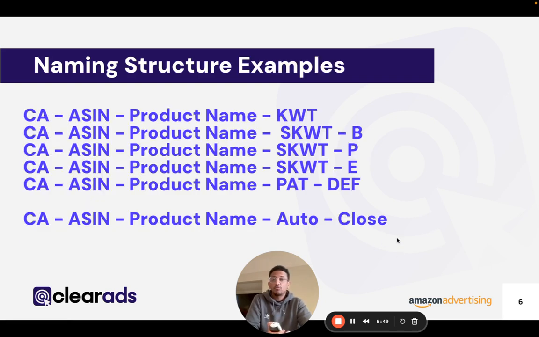And just to give you an example of what we tend to do, whenever we manage any account, we always put CA, as in Clear Ads, our company name, and we do ensure we have that in place just because we do want to understand, okay, how do our campaigns compare to what's already been in there? So a big no is to start naming all the old campaigns CA, or whatever your company or agency is, because you want to be able to see the difference in performance, right?